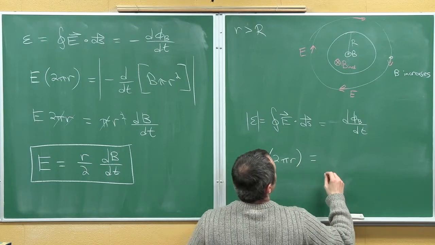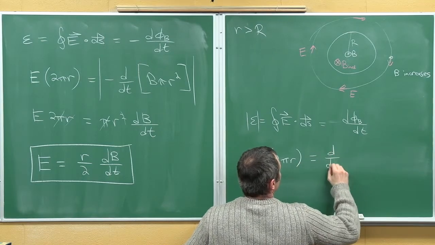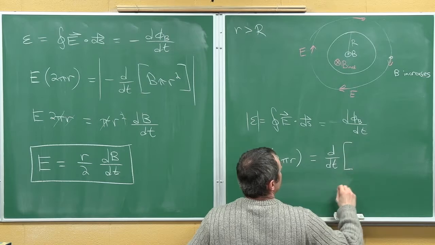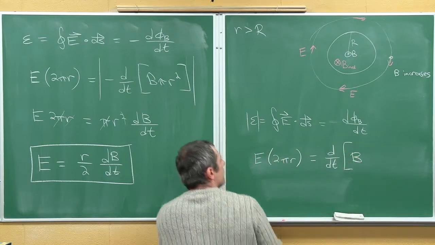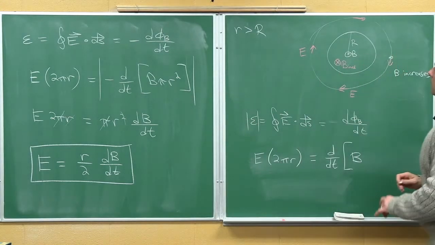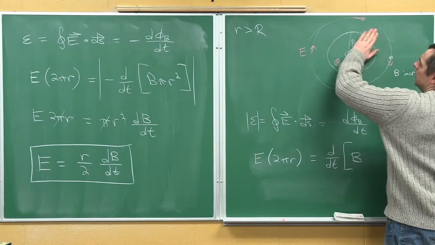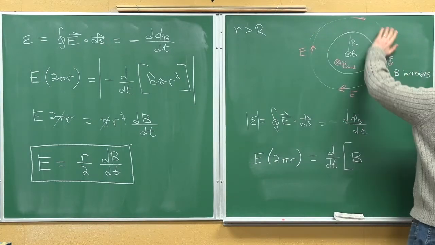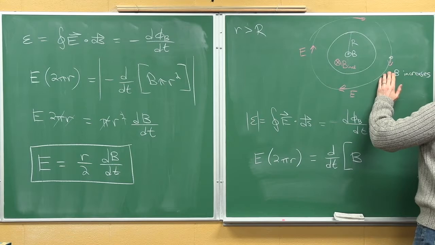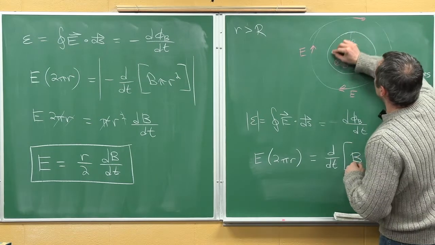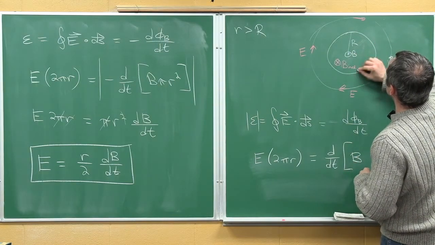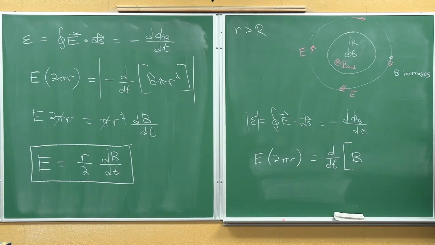And then over here, the flux this time is B times A, but the area is not the area of our entire circle out here, of our entire loop. The magnetic field, the flux is only inside of our solenoid. So before we had pi times little r squared, now we only have pi times capital R squared.